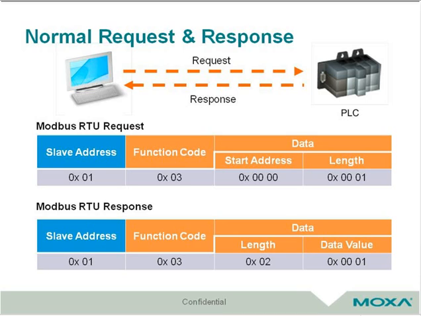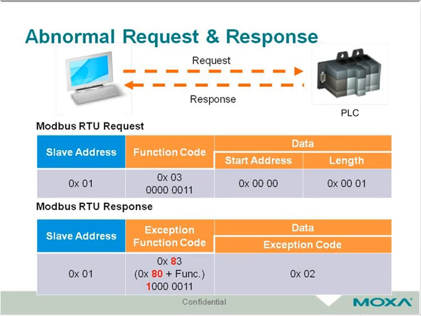And then how about the data? Length 02 means the data is 2 bytes long and the value follows as 0001. The request was for 1 word of data and the response is 2 bytes of data. It's a little tricky, but this is how it works.